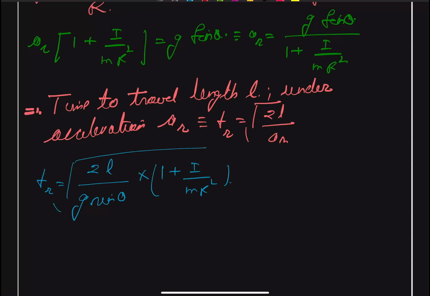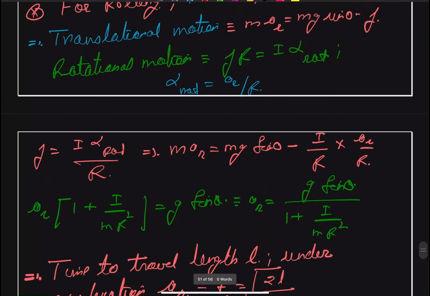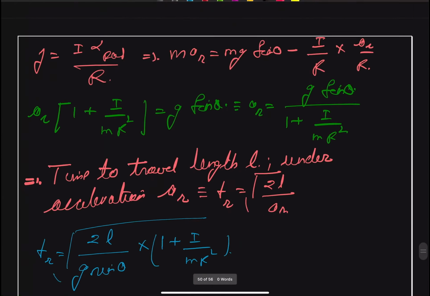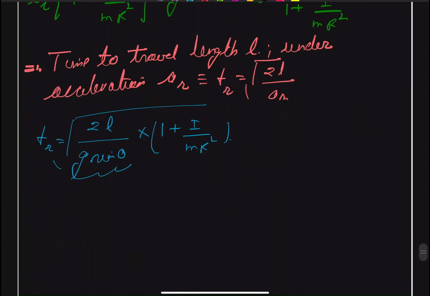So we are going to use that t is equal to square root of 2L by g sine of theta. So it means we are going to substitute this part, and this comes as t times square root of 1 plus I upon m r square.